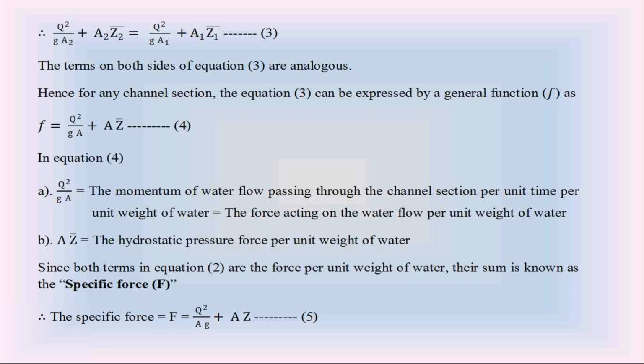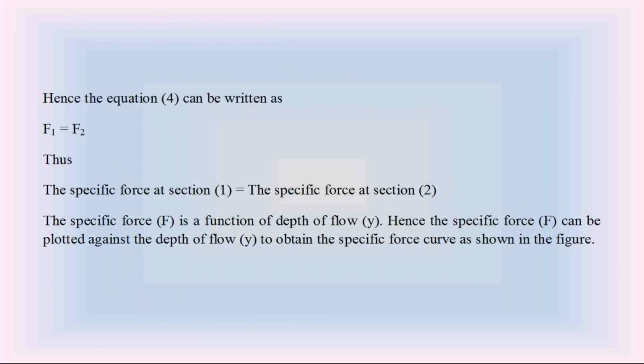So from equation 3 and equation 5, you will get the result F1 is equal to F2. F1 is the specific force at section 1 before the hydraulic jump, and F2 is the specific force at section 2 after the hydraulic jump. So in the hydraulic jump, the specific force at section 1, F1, is equal to the specific force at section 2, F2.